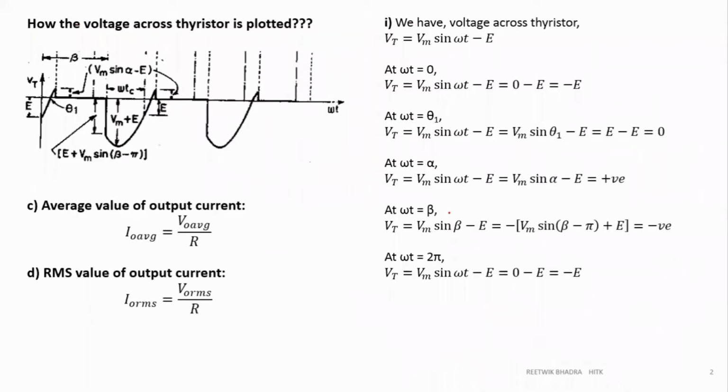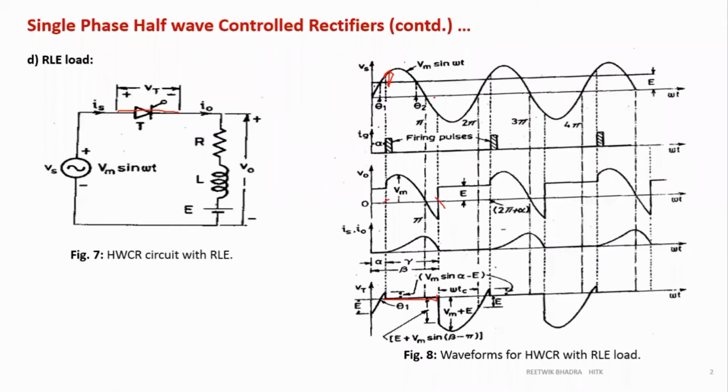Now next, what happens at omega t equal to beta? At omega t equal to beta, as soon as the thyristor turns off, you put Vm sine beta over here. You can write it in the negative direction. So Vm sine beta minus pi plus e. Basically, Vm sine beta is going in the negative direction, right? Because after this pi, the sine goes in the negative direction.